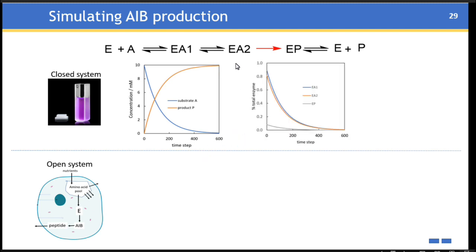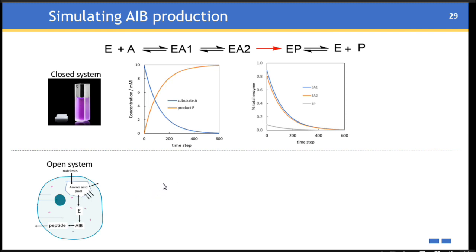This program will also tell you about the concentration of the different enzyme forms, and these depend on exactly what rate constant you choose for this reaction. In this case, the main thing you can see here is that these jump up to an initial value, and then as A is used up, they fall back in. These equilibria go back to the left, and you end up with pure free enzyme with no intermediates.